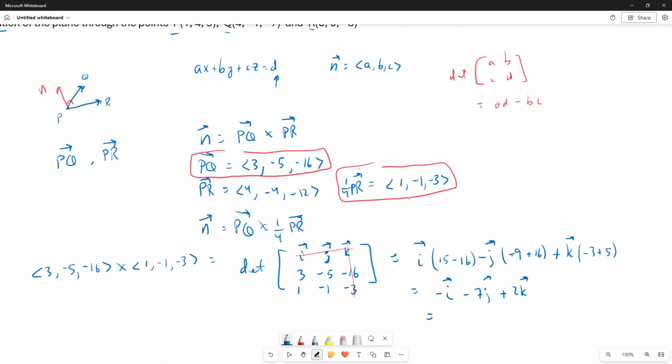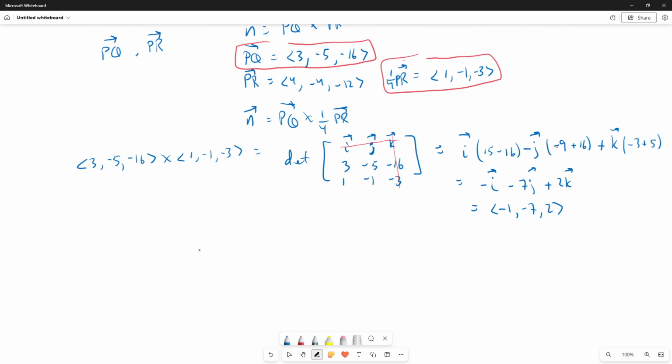Or in the form that we were using here, negative 1, negative 7, 2. So that's our normal vector, and therefore the equation of the plane looks like negative 1 times x minus 7 times y plus 2 times z is equal to a number d.